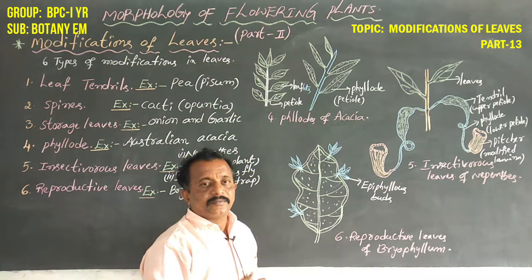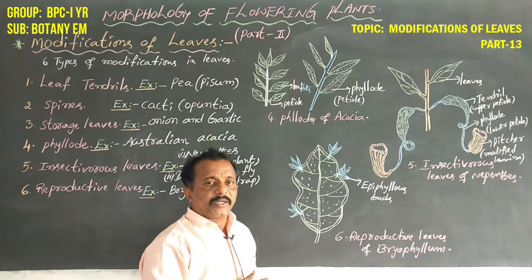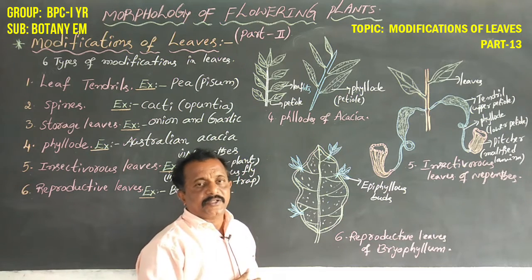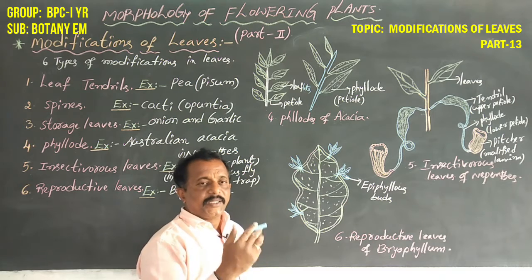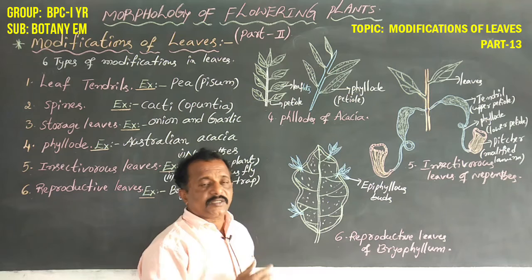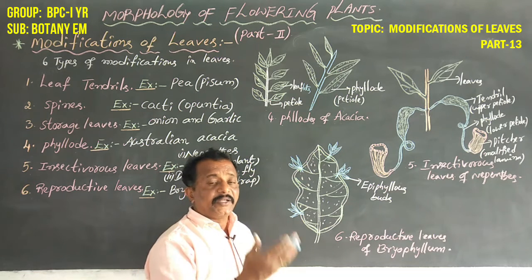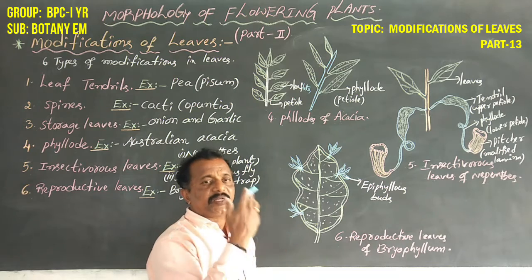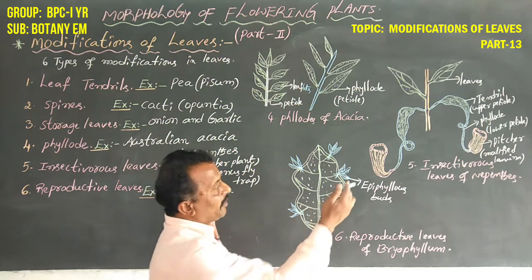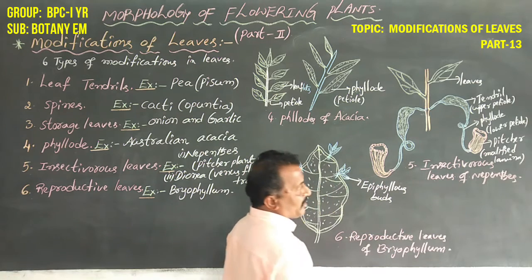Generally, some animals, some birds, some humans kill other organisms. But here, the leaves of some plants kill insects and eat them. For what purpose? For the nitrogen requirement. That is the insectivorous leaves of Nepenthes.